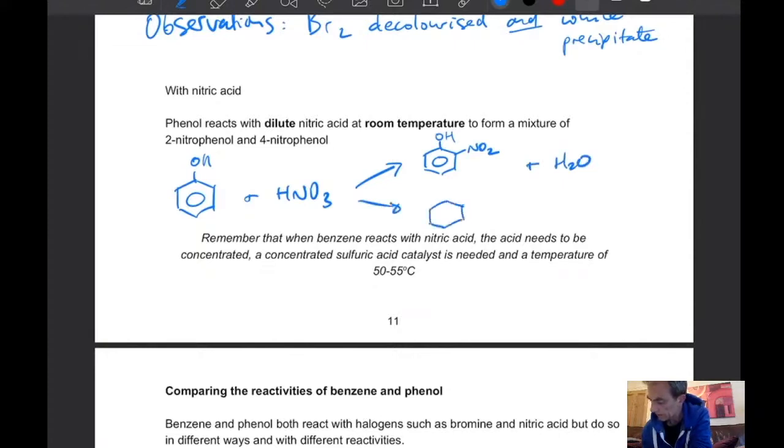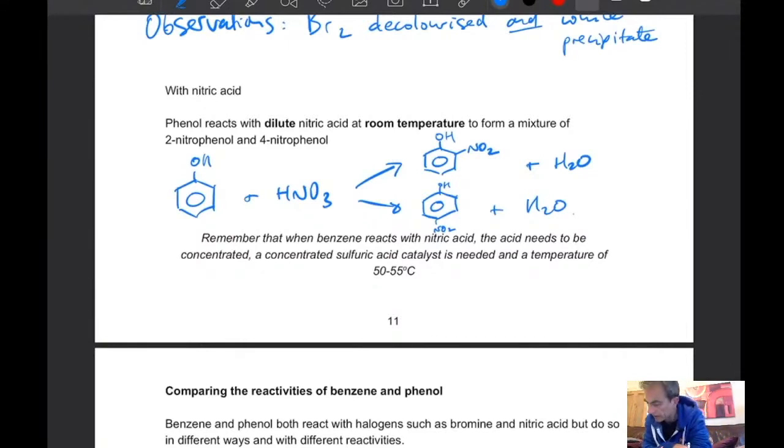I'm going to run out of space here, aren't I? Sorry about that, I'll just move that up there. Hopefully that's enough room. Sorry, that's really small, and H2O. Okay, and then there's just a little reminder there.